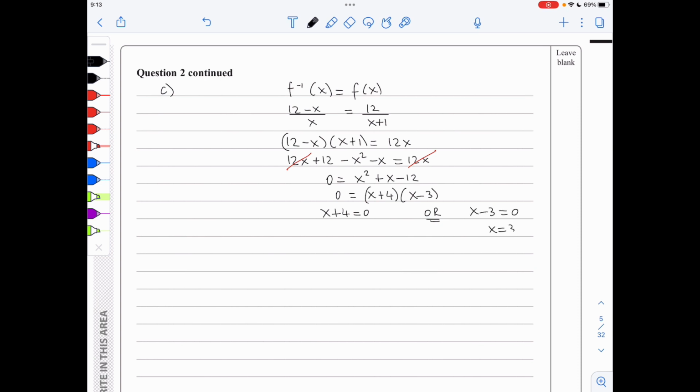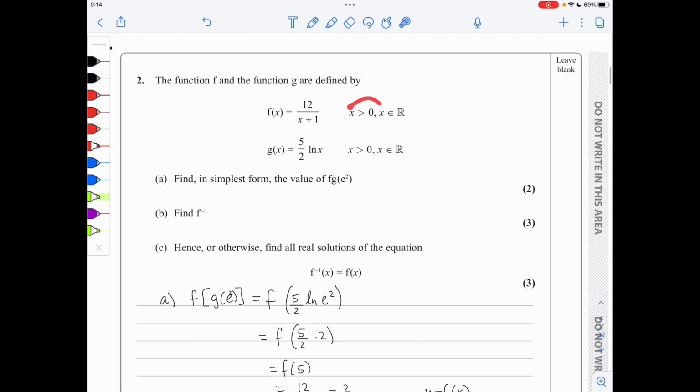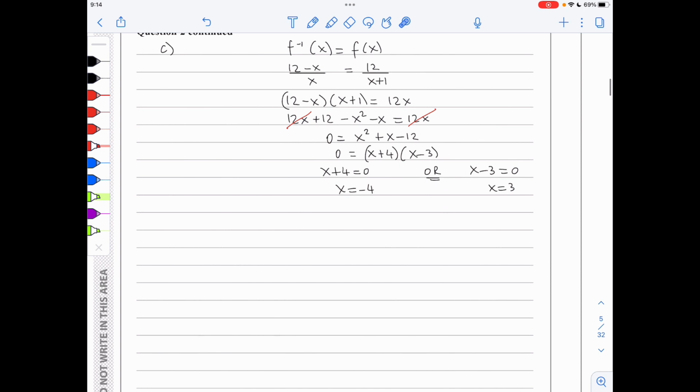So x is 3 or x is negative 4. However, we need to bear in mind that f of x can only accept positive values as input. So the negative 4 that we have obtained here needs to be rejected, since we need x to be positive, and we are only left with one solution.